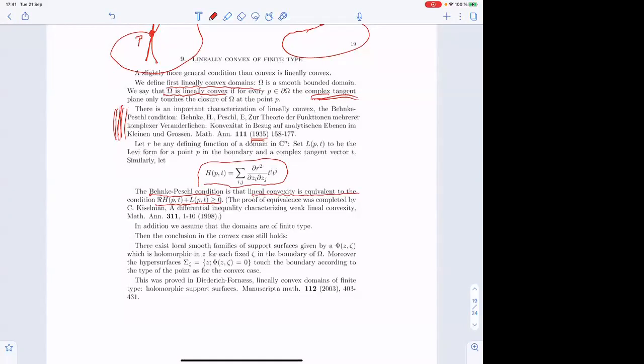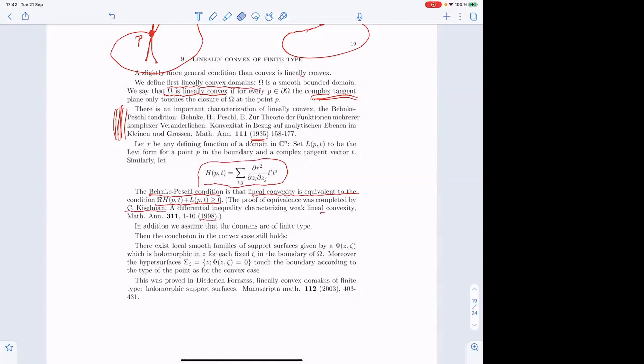And I should say they proved one of the directions. I mean, they didn't prove equivalence, they proved the implication in one direction or the other. I don't even remember which direction. But the other direction was done by Kiselman in 1998, so that this condition is necessary and sufficient. And here you say it's called linear convexity and linearly convex. So I don't know what is correct.